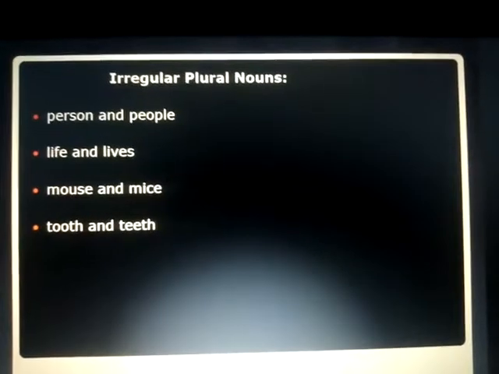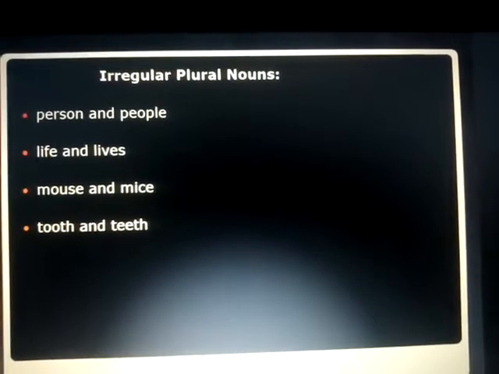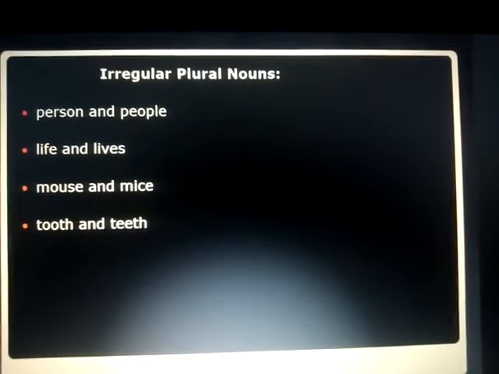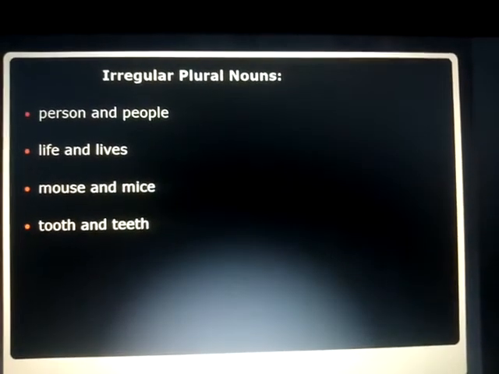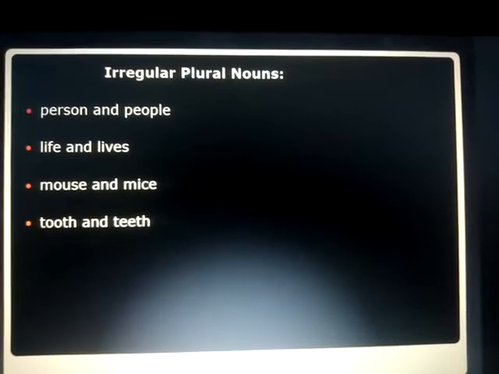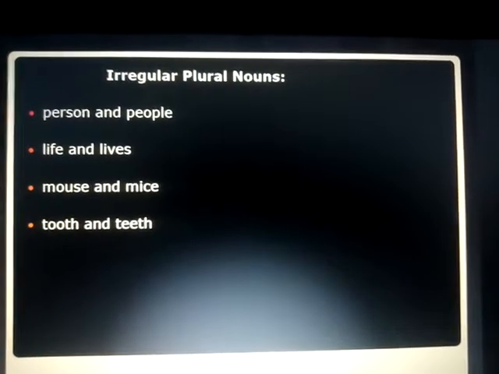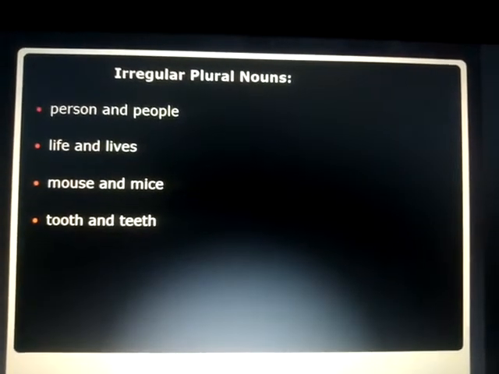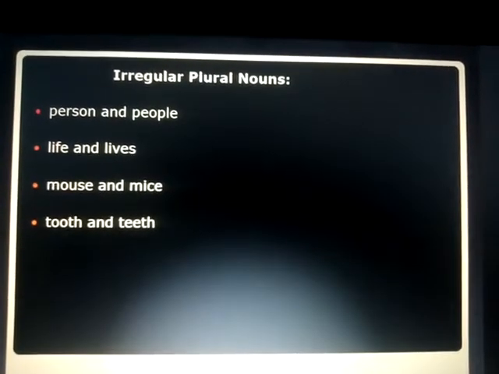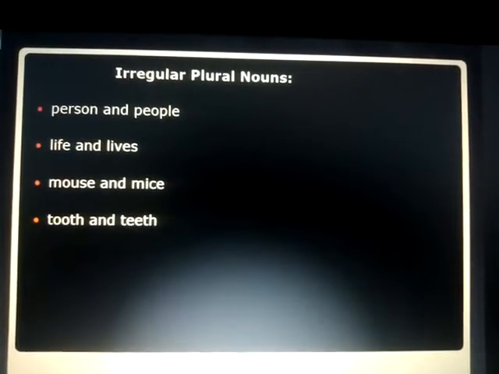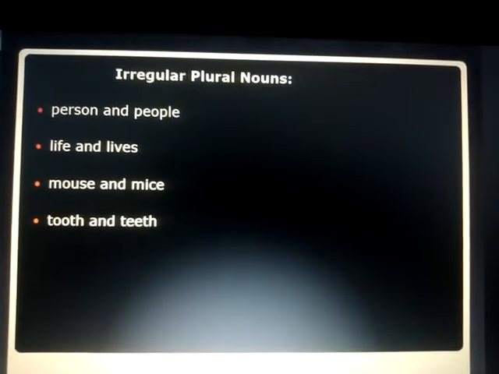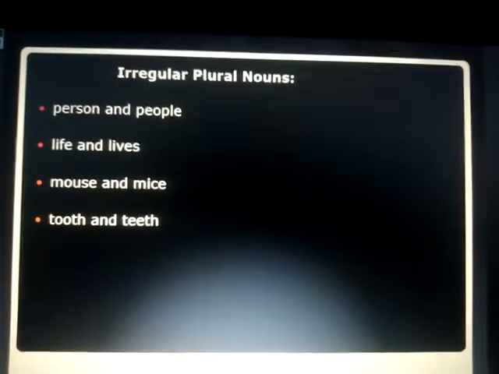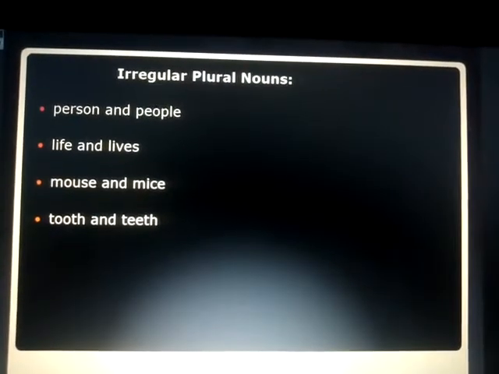Irregular plurals. Irregular plural nouns are person and people, life and lives, mouse and mice, tooth and teeth. So we can see that irregular plural nouns change. Person changes to what?